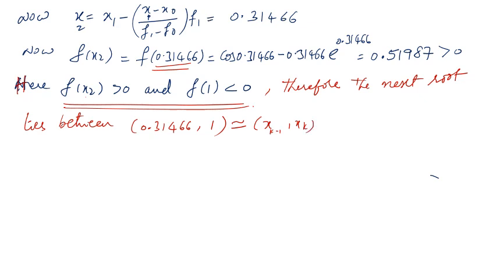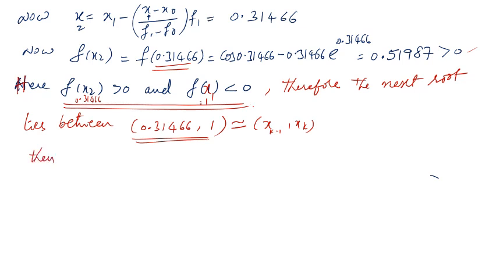This is a very, very important point. Once again, after calculating the first root, you have to locate the interval. These two have opposite signs, so the next root lies between 0.31466 and 1, and you treat this interval as xk minus 1 comma xk.